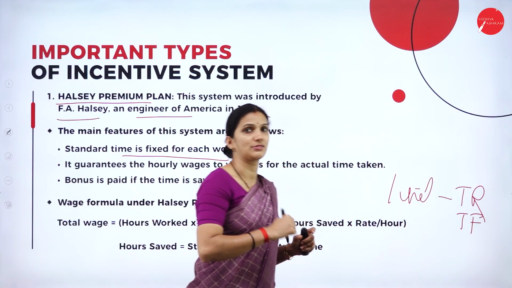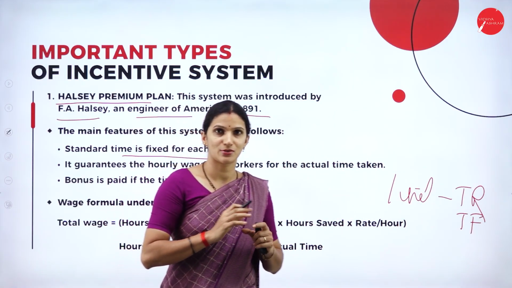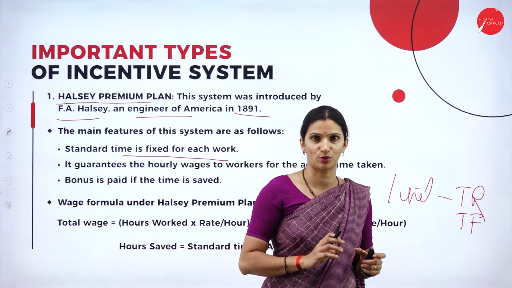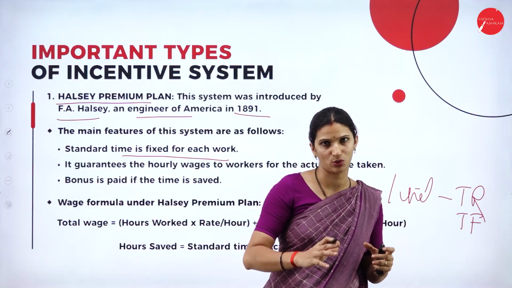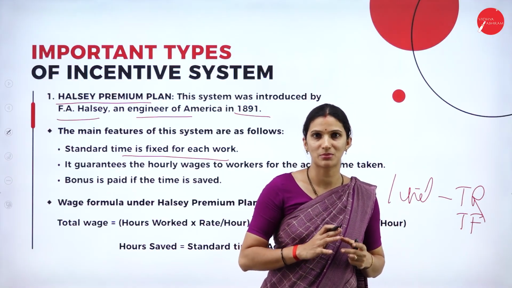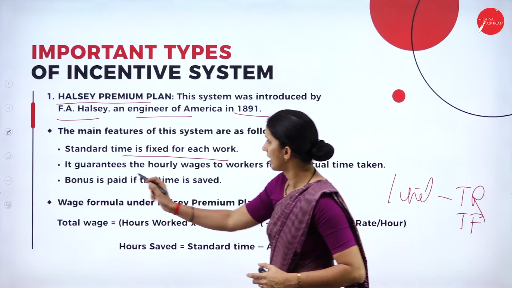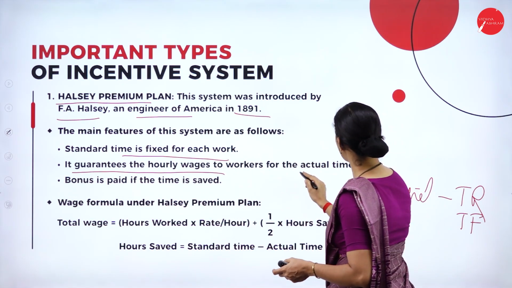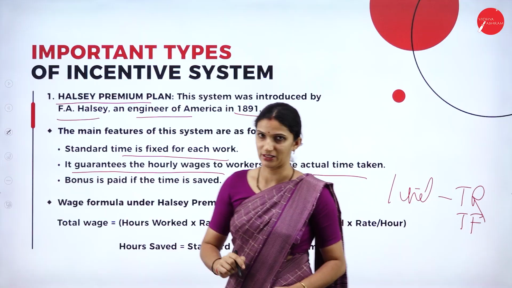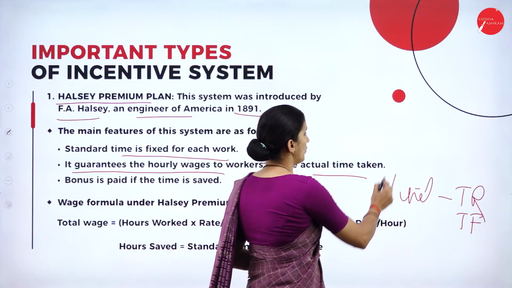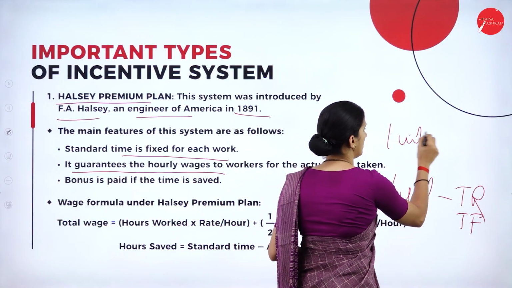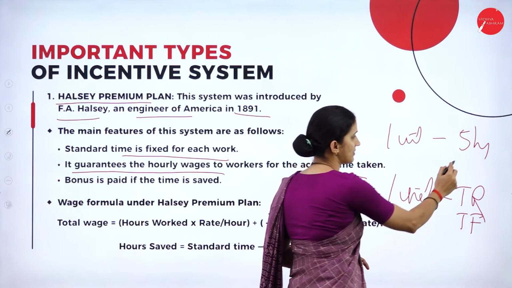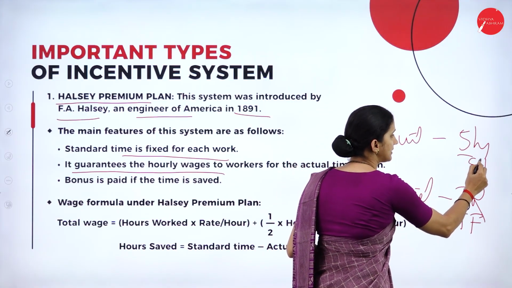That is the time required for the worker to complete the production of 1 unit of product. And it guarantees the hourly wage to the worker for the actual time taken. Suppose for 1 unit of production, the standard time fixed is 5 hours. This we call the standard time.